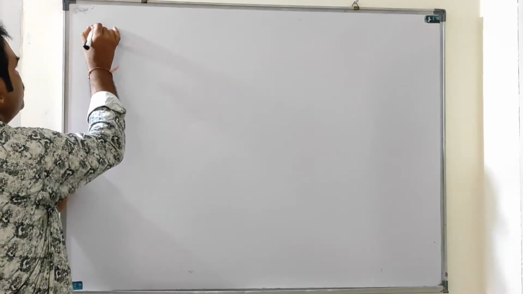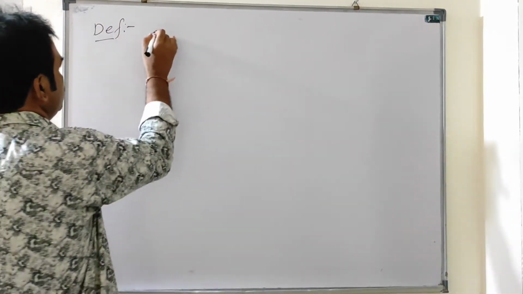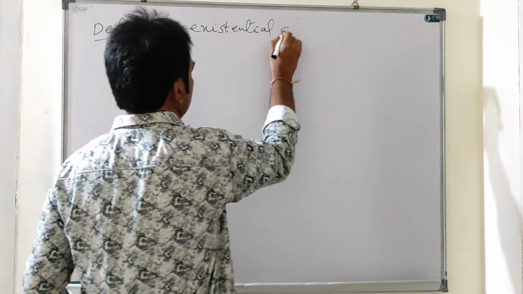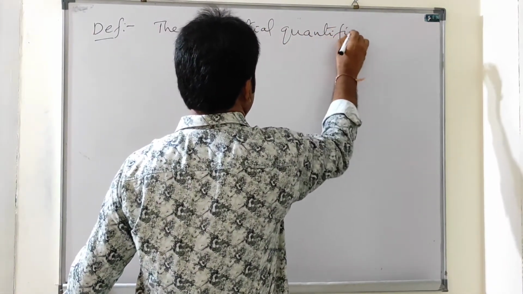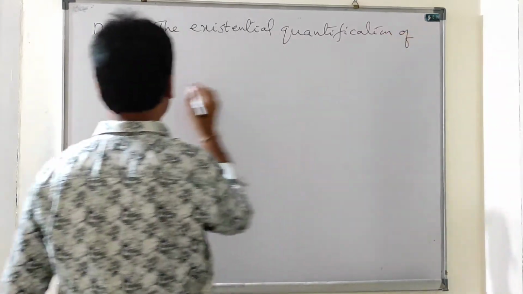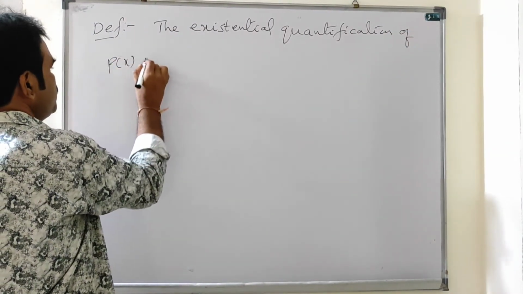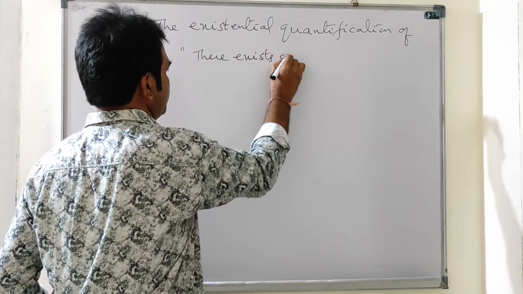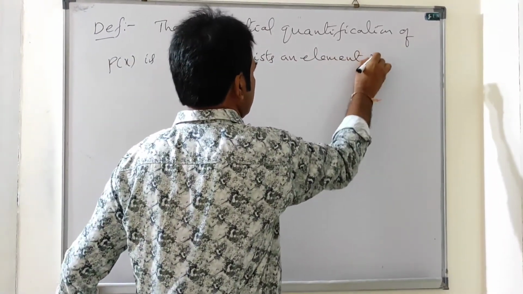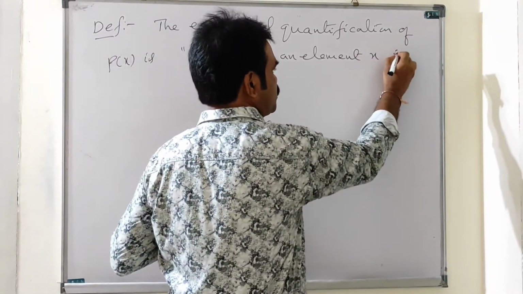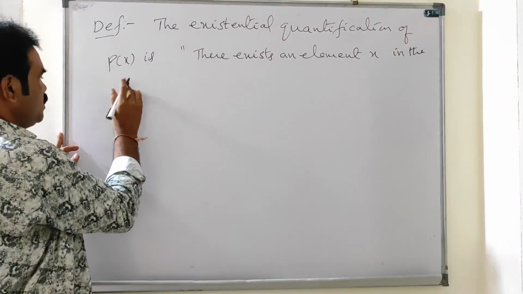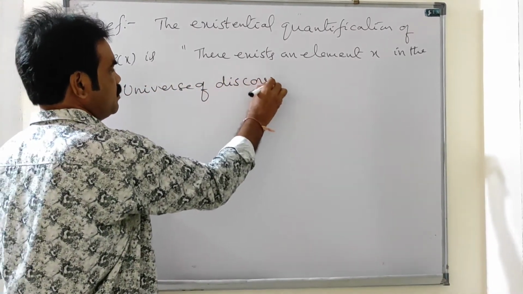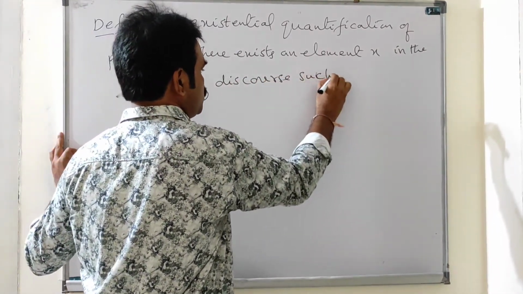Okay. Next definition. The existential quantification of a statement P of x is the proposition there exists an element x in the universe of discourse such that P of x is true.